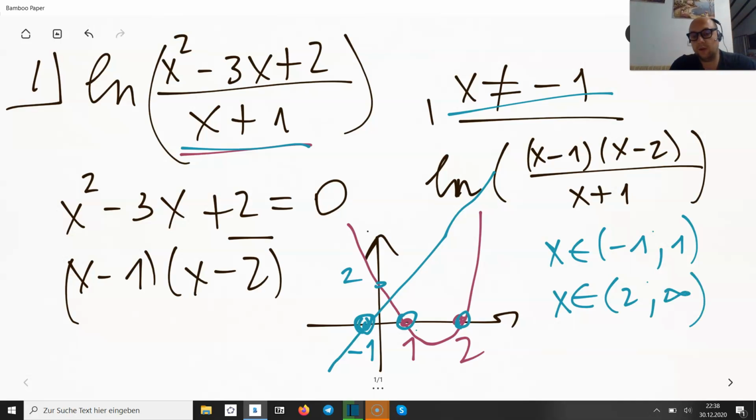We have no situation where both are negative, which would also be fine for our definition of logarithm, because we would divide a negative number by a negative number, but it isn't the case here. We're dividing always positive by positive and never two negative numbers. Well, that's it. So the whole solution is x from minus 1 to 1 united with 2 to plus infinity.